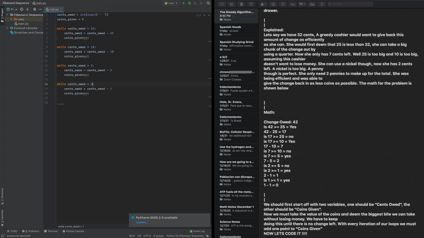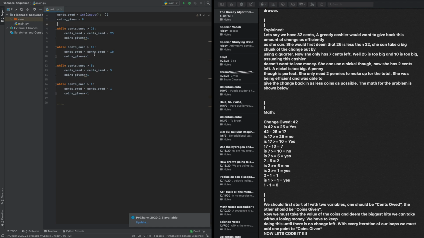Right now, you may not see it, but there is a big error here, an error that's going to lead to improper calculations. Let's iterate through our loop manually. Let's say our cents owed is 25. Is cents owed greater than 25? 25 is not greater than 25, so it's automatically going to go to 10. 25 is greater than 10, so now it's going to do that.